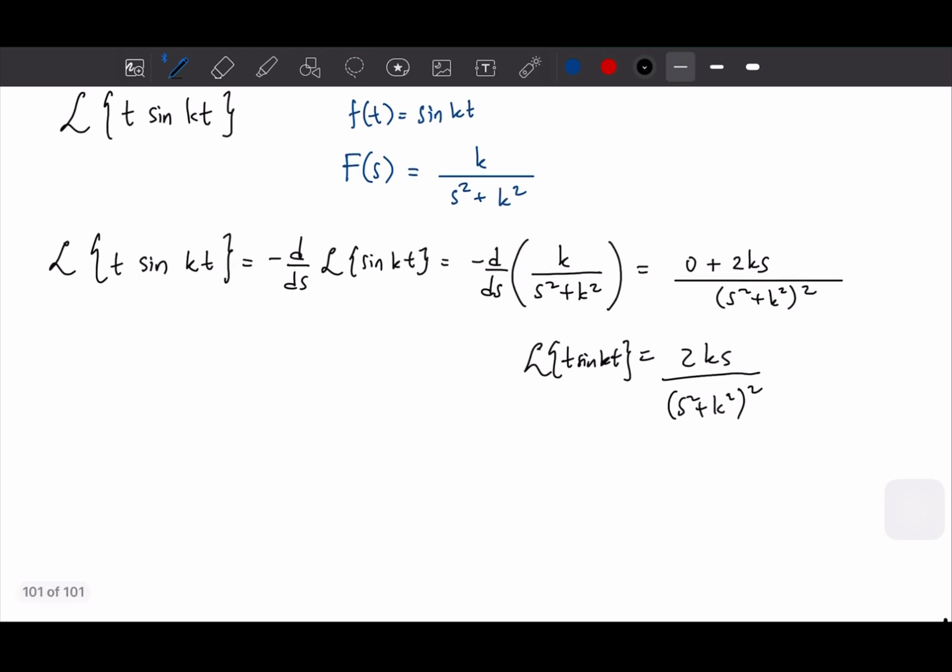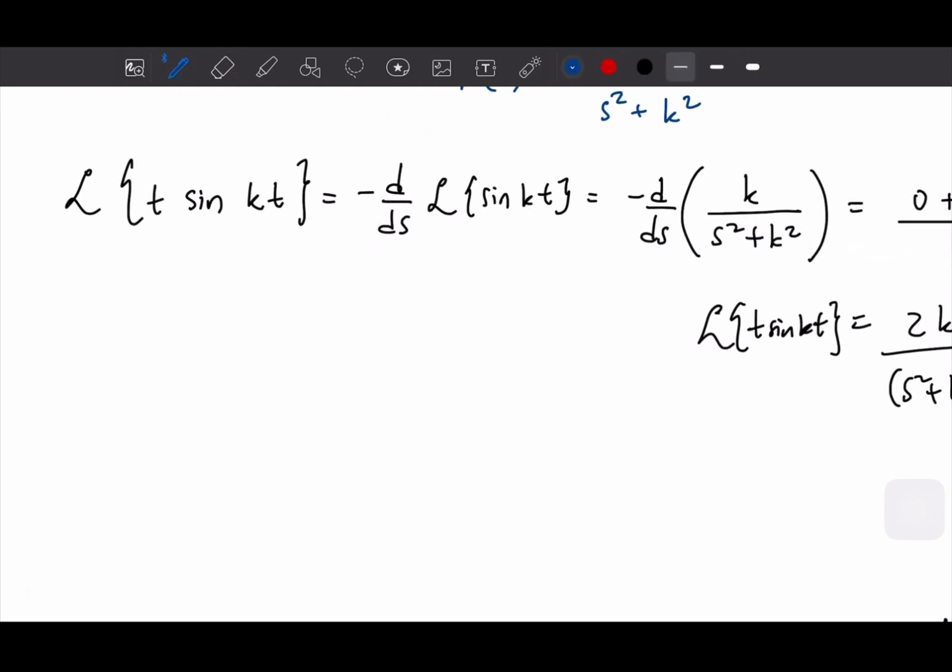And then what if, let's say, t with power of n, and then we have e with power of at. So if we take Laplace of this structure, we could have at least two methods to evaluate.